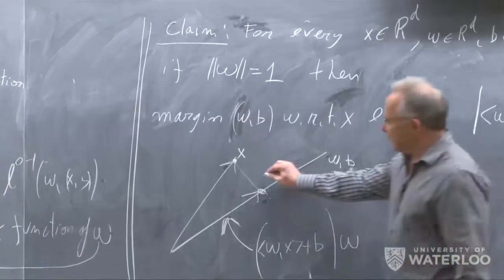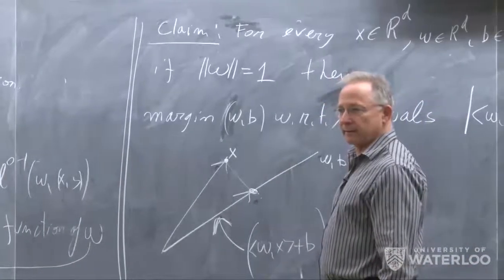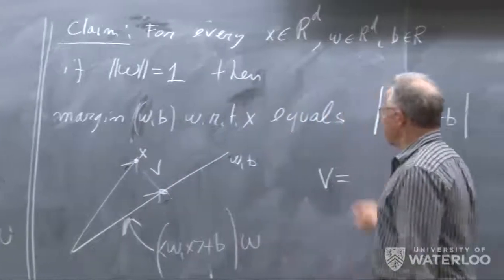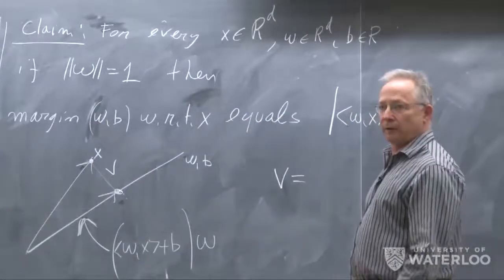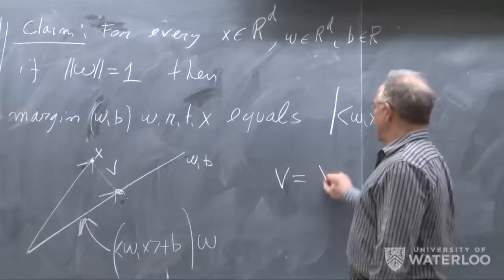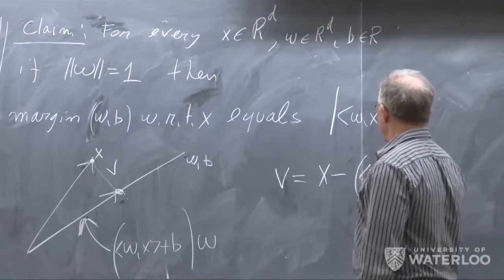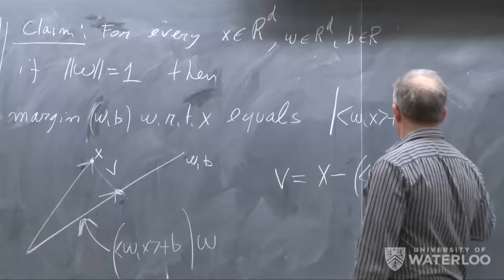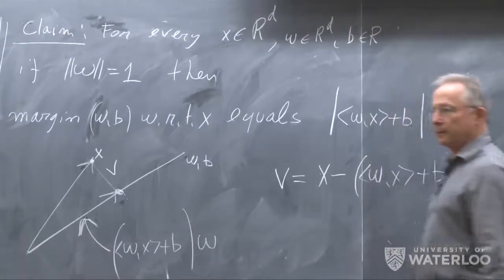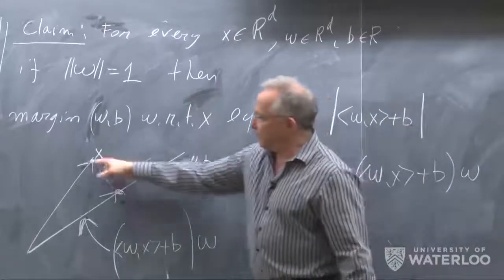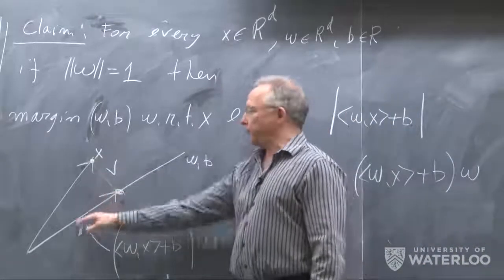So let's call this vector v. V is going to be the vector x minus (wx plus b) times w. This vector v is the difference between x and the projection of x on w.